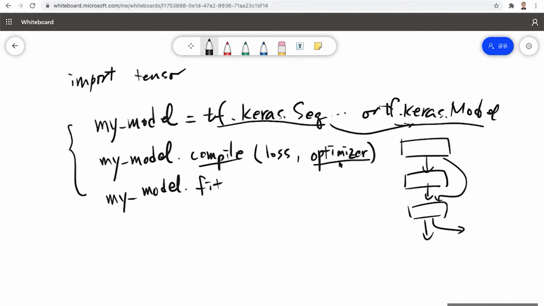But you don't have to worry about the optimizer because Adam is enough. You don't have to try the other optimizers. You just set the optimizer as Adam and that will be fine. But for the loss, for the regression problem, the usual choice is either MSE, mean squared error, or mean absolute error.